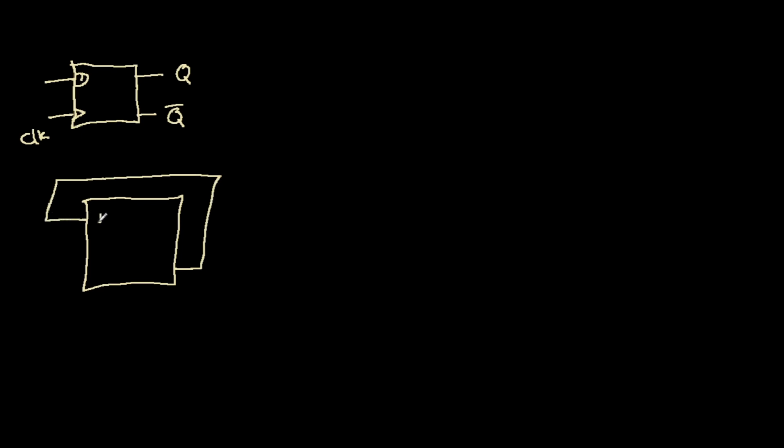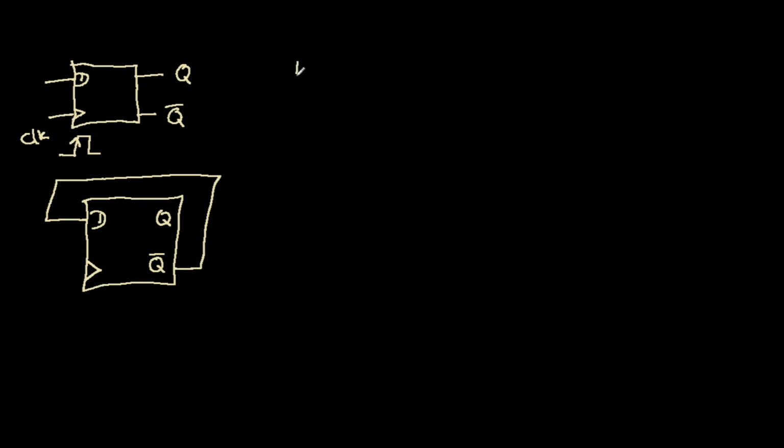So our D input gets its value from the inverted Q. This is our Q bar, which gets sent back to our D, and that's our regular Q output, and this is our clock. Because there is no bubble in this diagram, the active clock transition will be a positive going transition. When it's going positive, that's the transition that will clock this particular flip-flop.